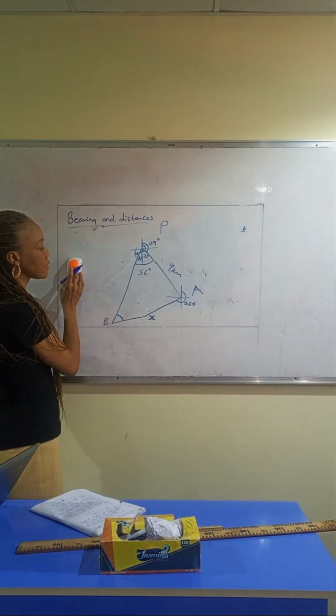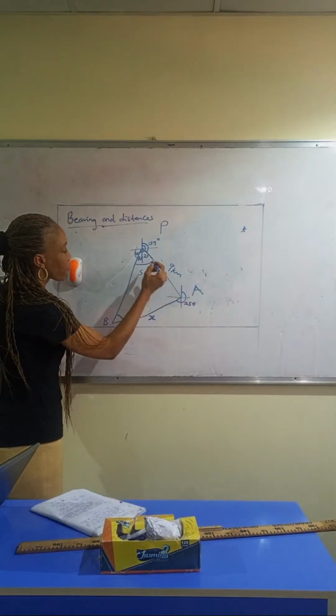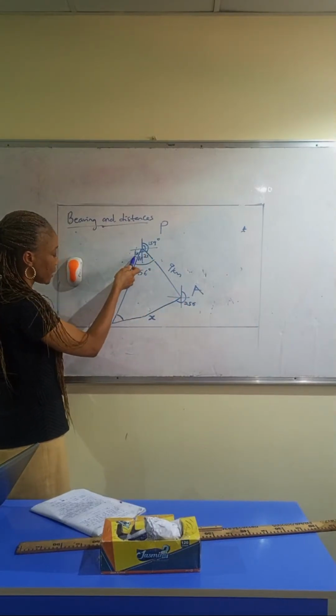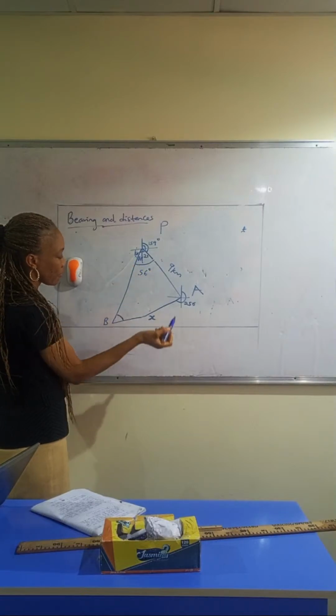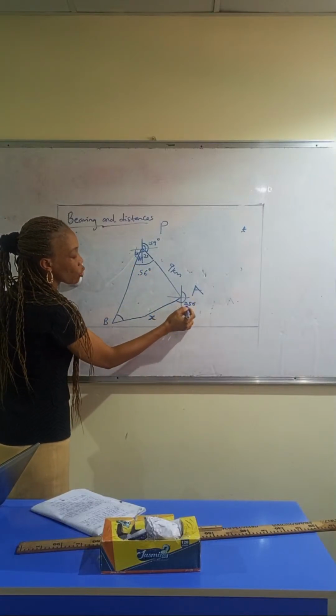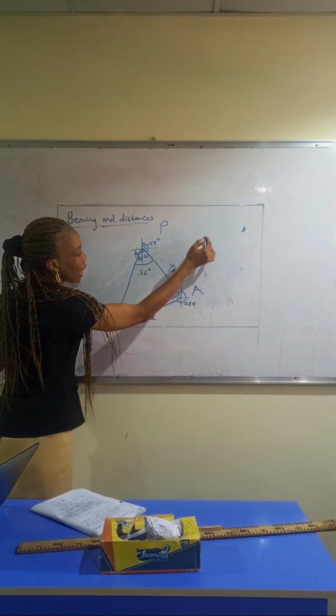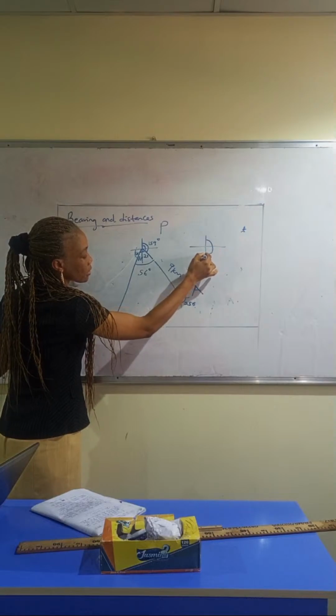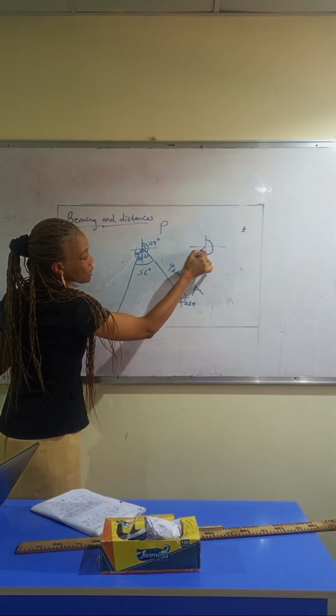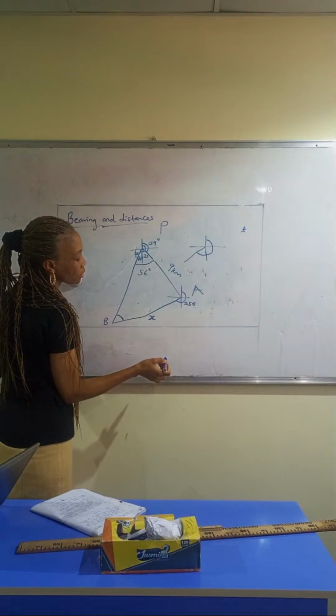So now we have 56 degrees. If here is 55 and we have here to be 56. Okay, let's go. We have this from here to this point is 256. Good.